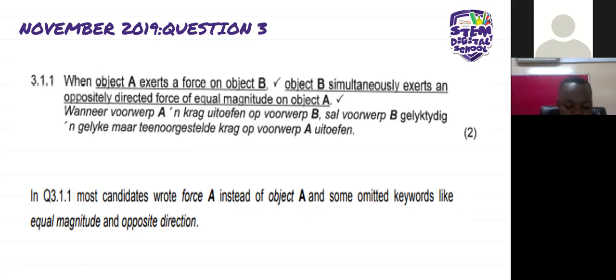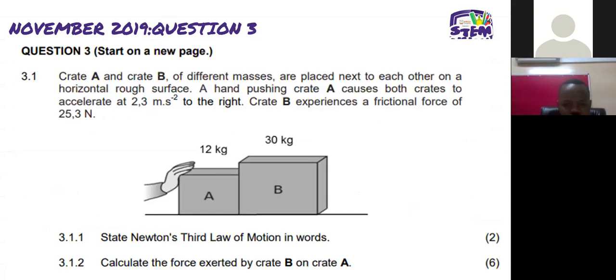So if the force that A exerts on B, like in this case, is to the right, the one that B exerts on A will definitely be to the left. You should be able to work with that, because those are actually the properties of an action-reaction pair of forces.